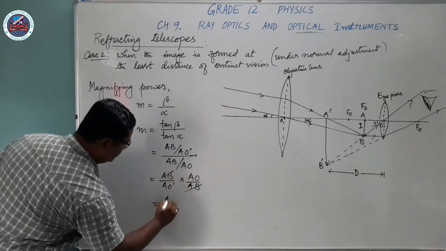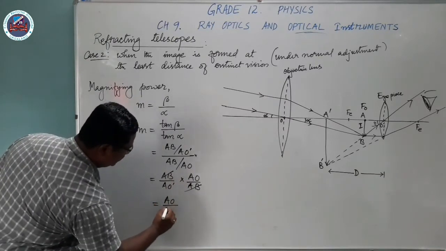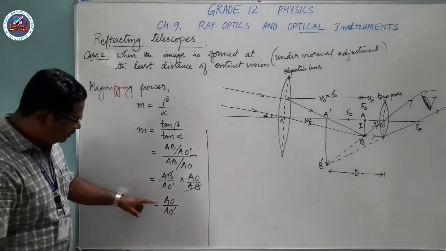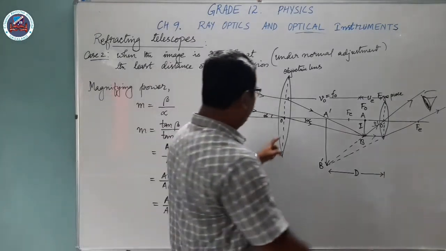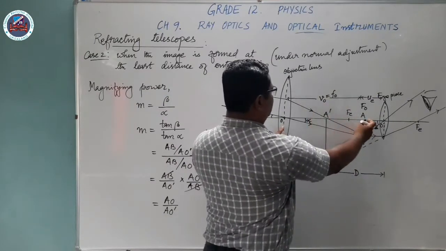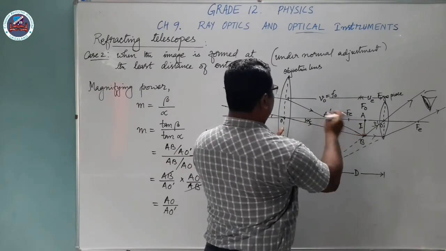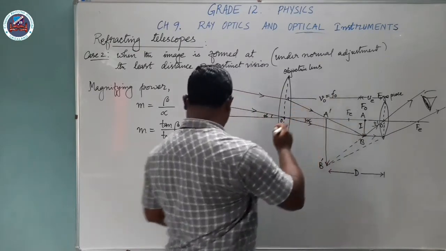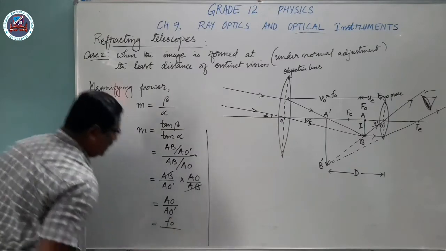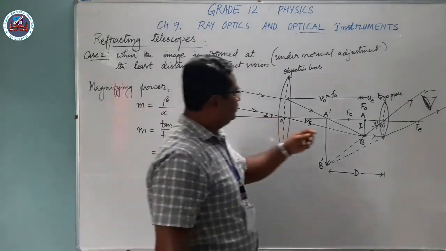Then you will get AO by AO'. Now let us see what AO is. AO is the focal length of the objective lens. It is towards your right from the objective lens, so we take positive FO.